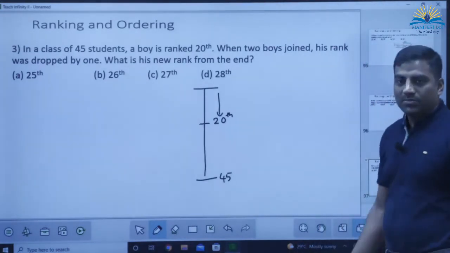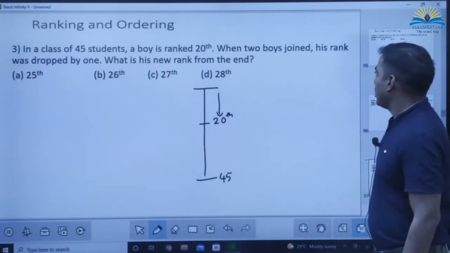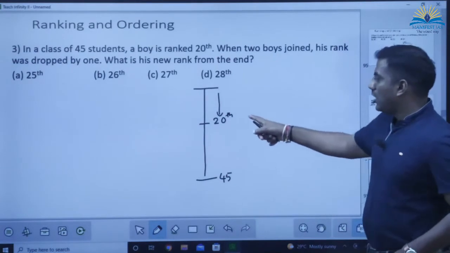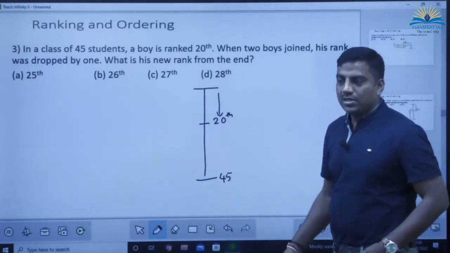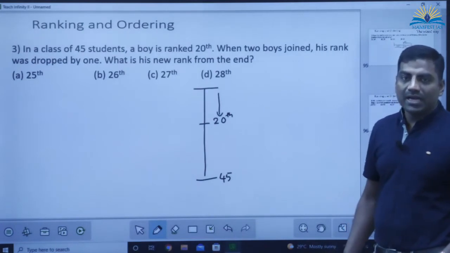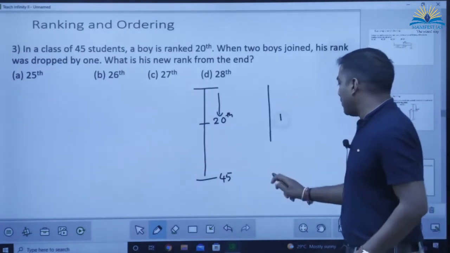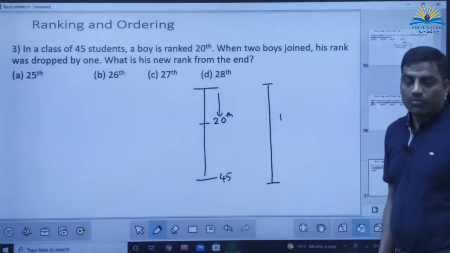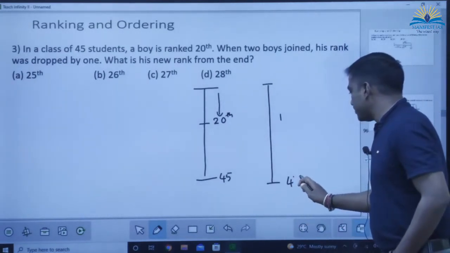After evaluation, his rank dropped by 1. How many students are entering the rank list now? So totally how many persons will be there? 47.